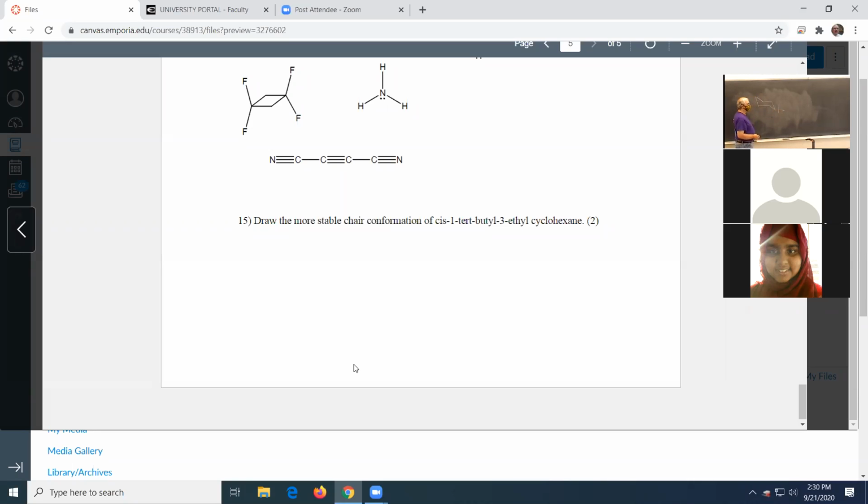So you could draw it something like that. And then the other group is an ethyl. And then both of these would be equatorial for it to be cis. Okay, so this is a possible answer.